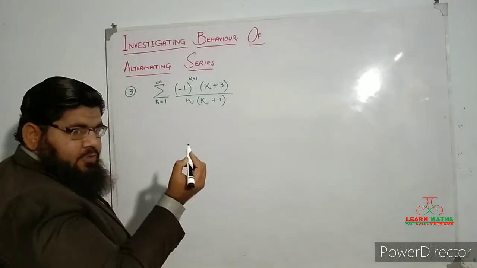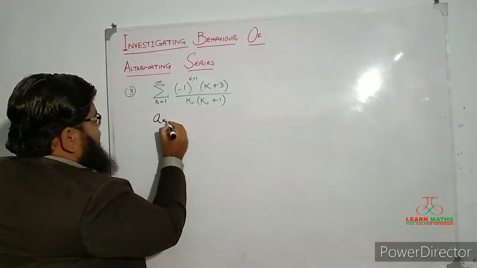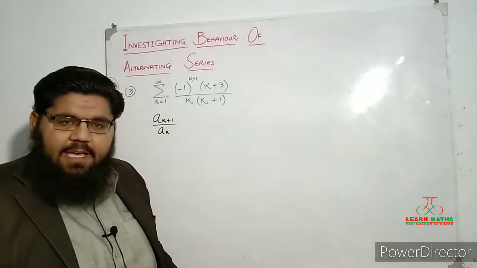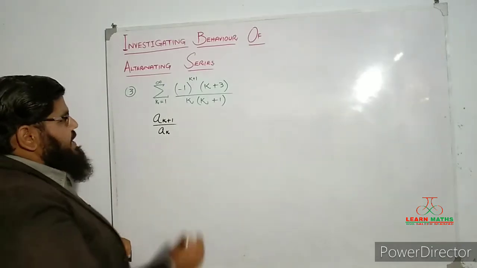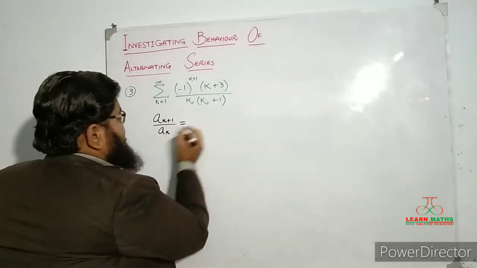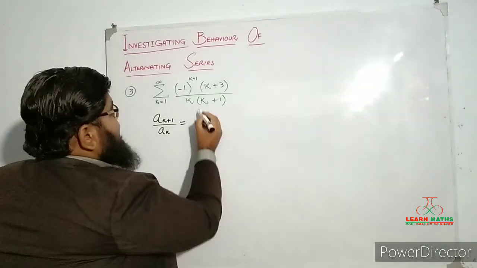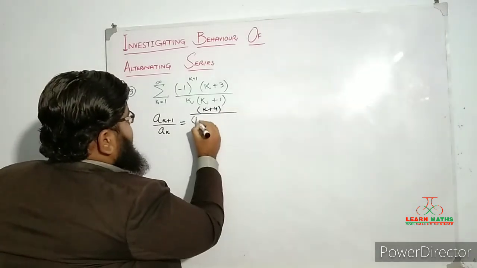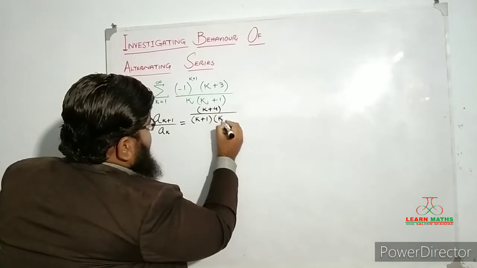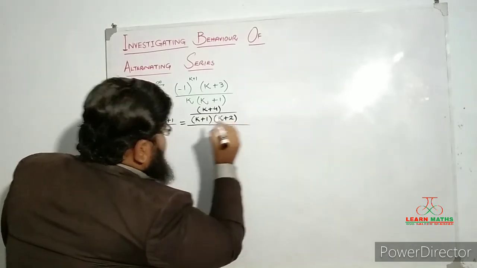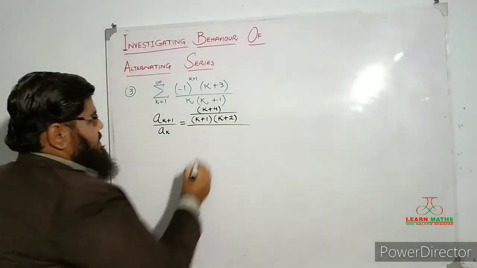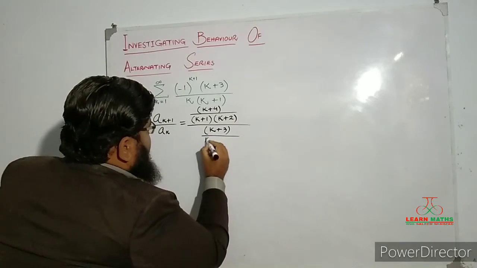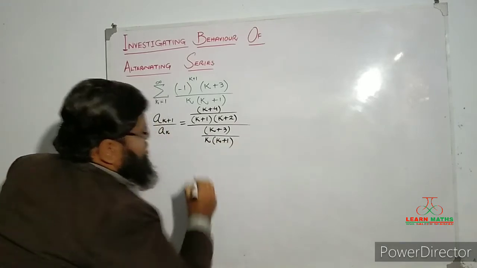I'm going to compare two consecutive terms, which will be a_{k+1} and a_k. So what is the (k+1)th term of this series, excluding the sign of course? It will be (k+4) over (k+1)(k+2), divided by the kth term, which is (k+3) over k(k+1).